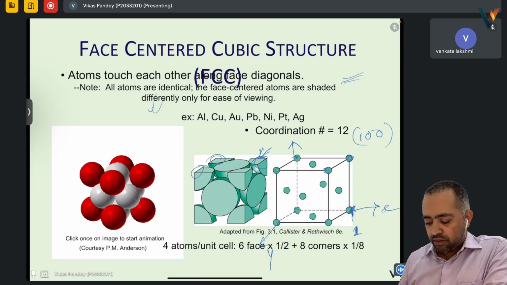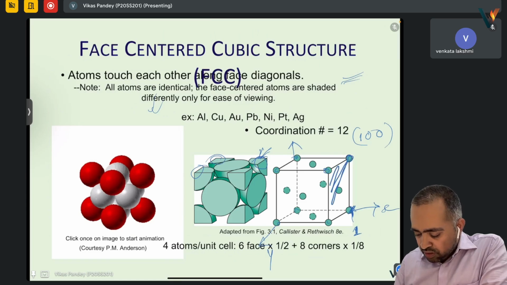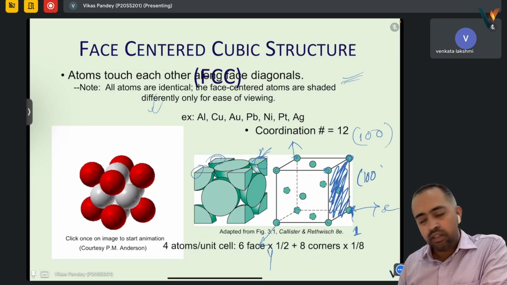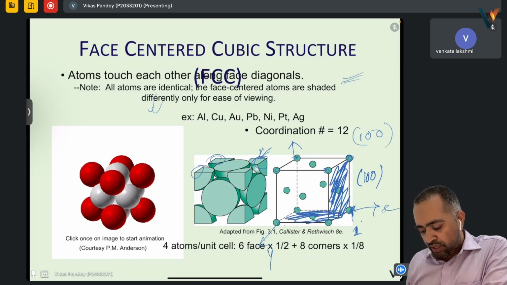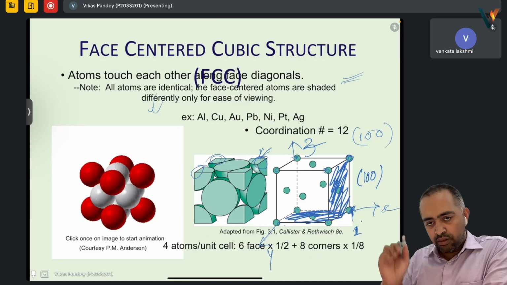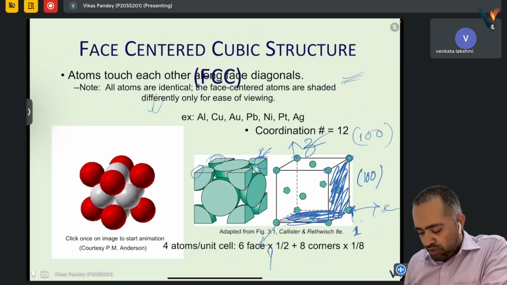Then not cutting the y and z axes. That means this surface is the 1 0 0 plane, right? Yes, sir. Right. Now, which one will be the 1 1 0 plane? So x, y, but not cutting the z axis. X, y we are taking here, not cutting the z axis. So this one is the 1 1 0 plane.